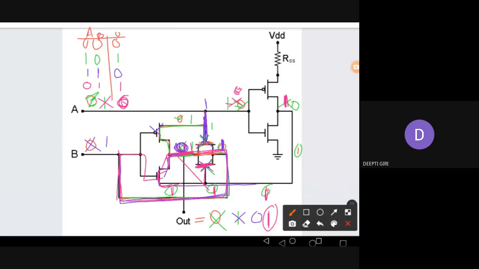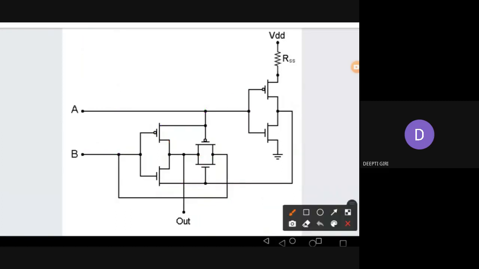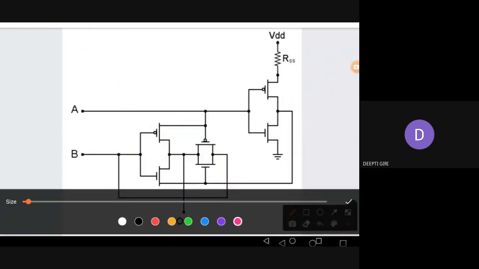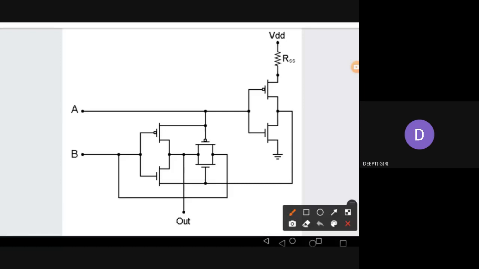Okay. So ultimately, what truth table are we getting? We are getting a truth table like this: A, B, and out, right? So 0, 0 we got 0; 0, 1 we got 1; 1, 0 we got 1; 1, 1 we got 0. So which gate is this?